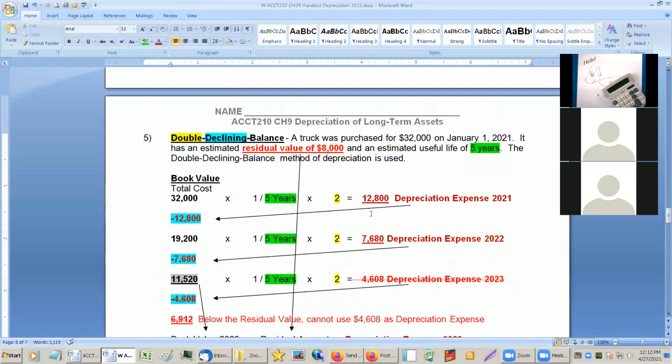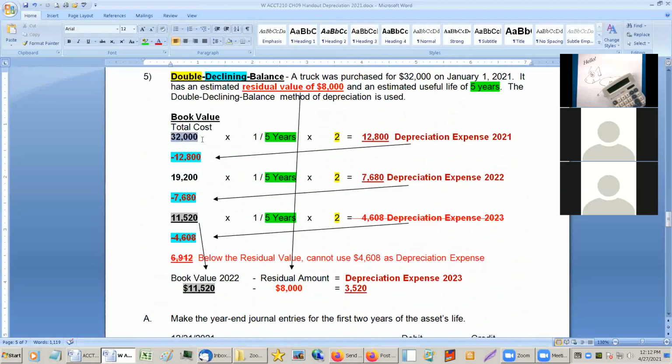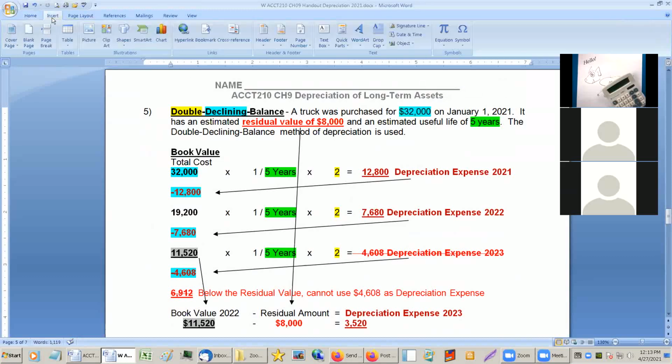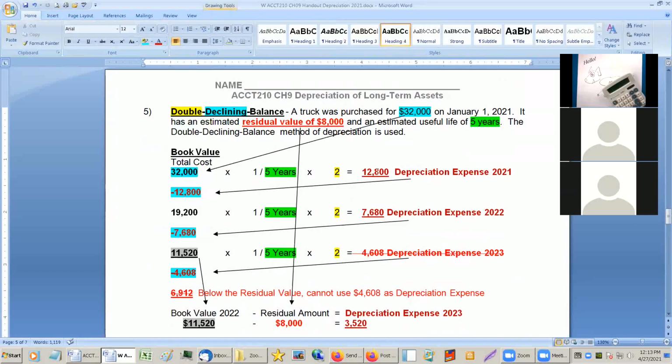The weird part of the method is you start with the entire amount. Too many colors here. So you do not subtract out the residual value.